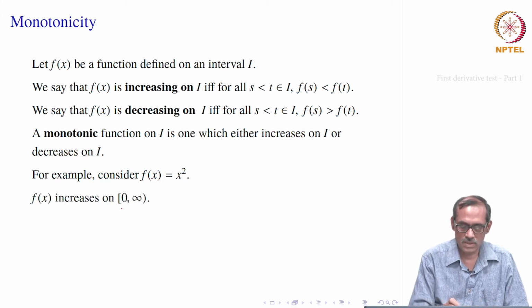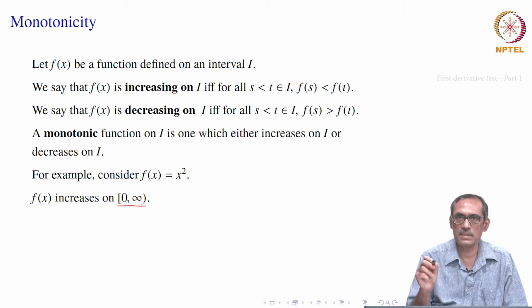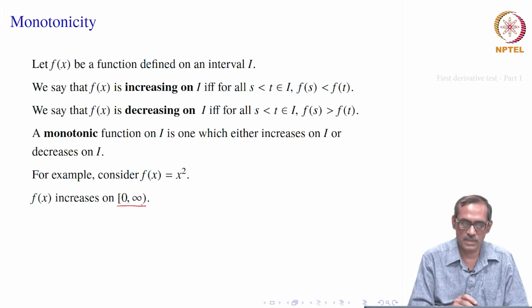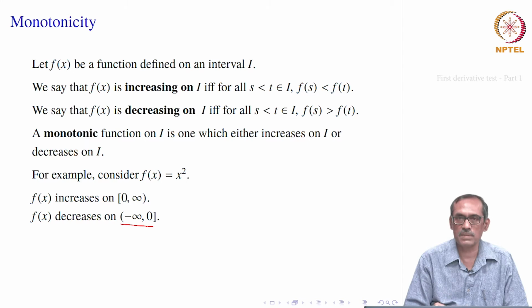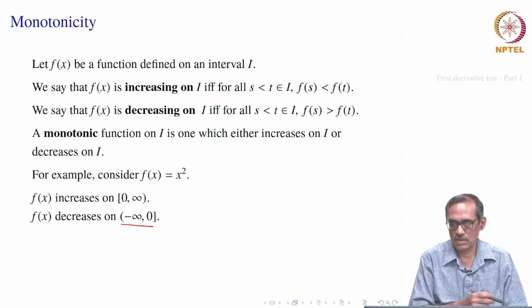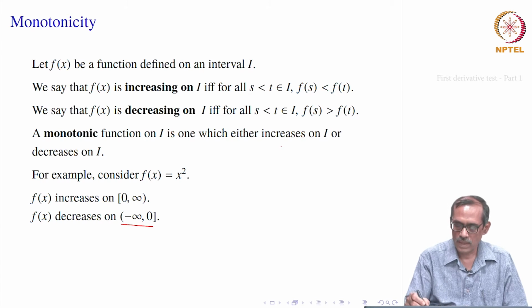Okay, what happens on the right side of 0, that is all non-negative numbers? Then x square would look something like this. So, it increases. And when we choose x from minus infinity to 0, that is x is not positive, it is either negative or 0, then x square looks like this.